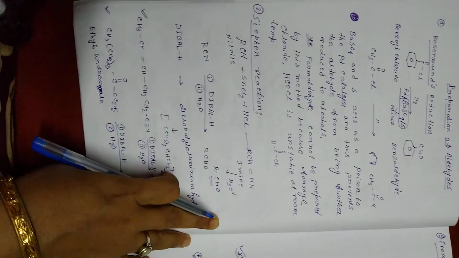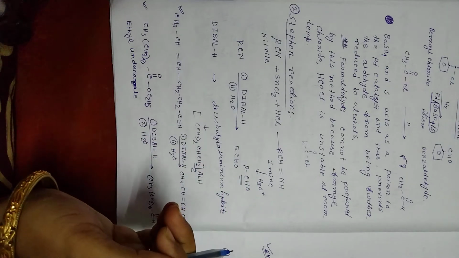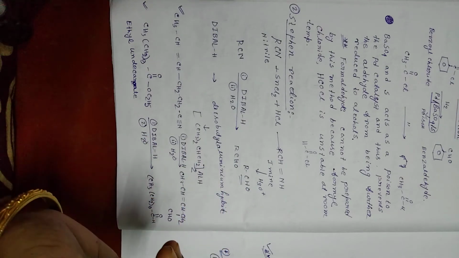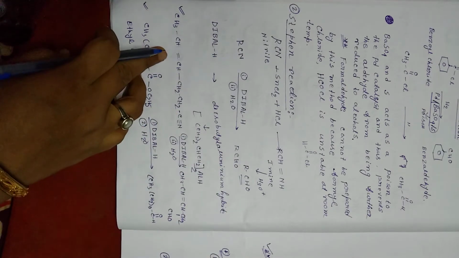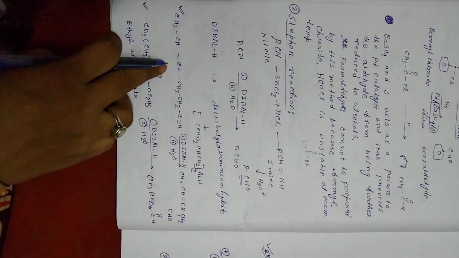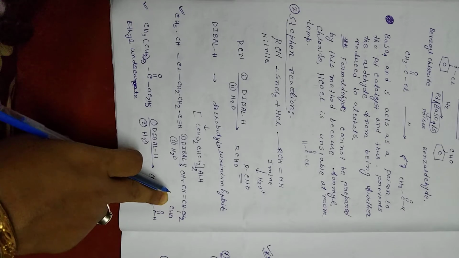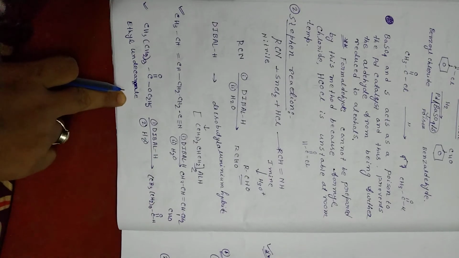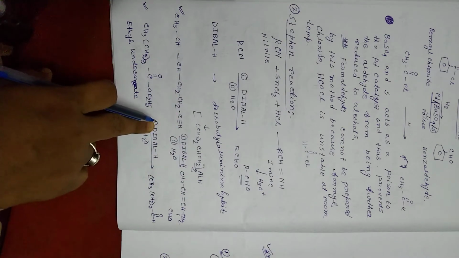You must remember that DIBAL-H is a better reducing agent due to its important feature that it does not affect other unsaturation present in the compound. So the unsaturation is intact in the product also. So DIBAL-H is a very important reducing agent for nitrile into aldehyde.